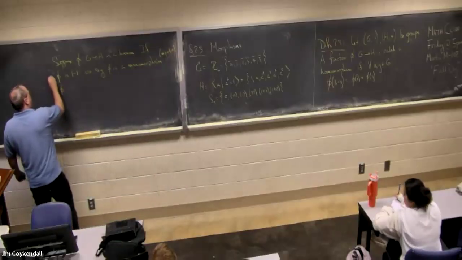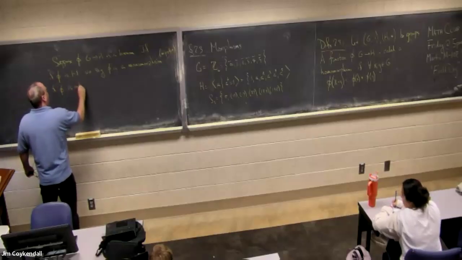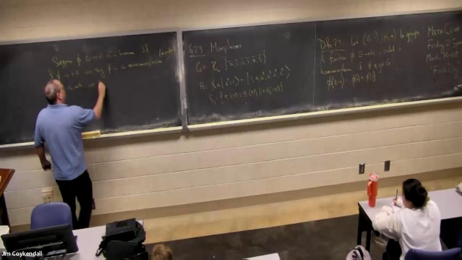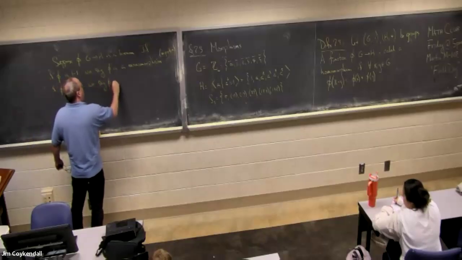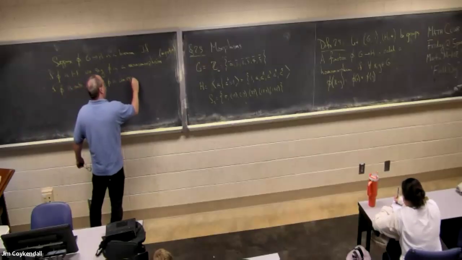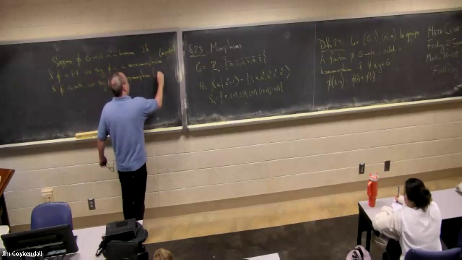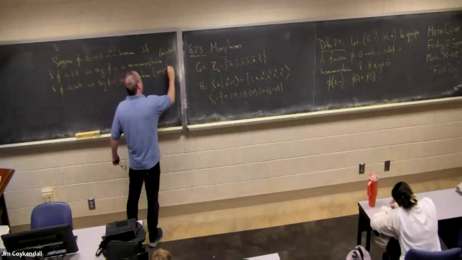If phi is onto, we say phi is an epimorphism, or sometimes surjective or onto.